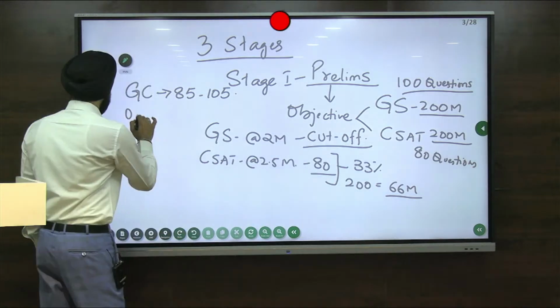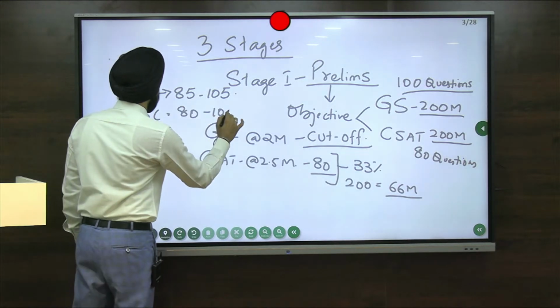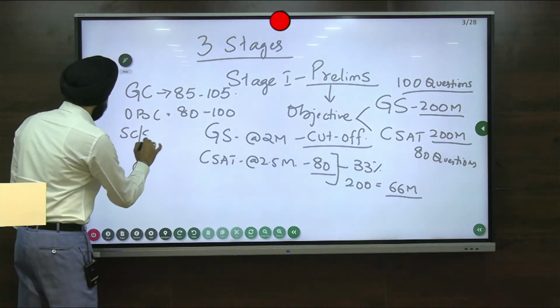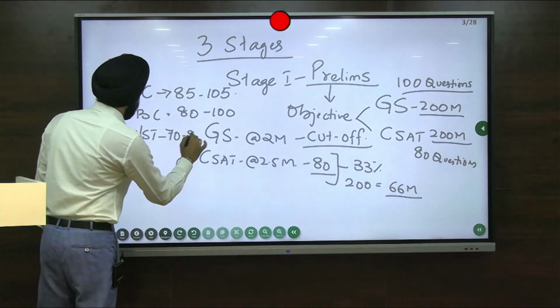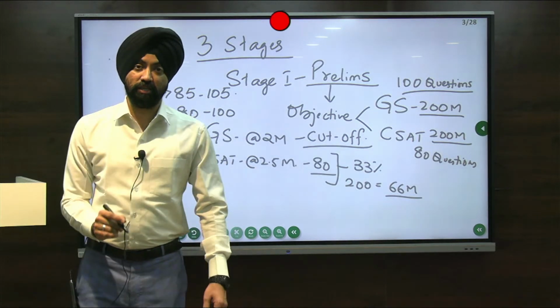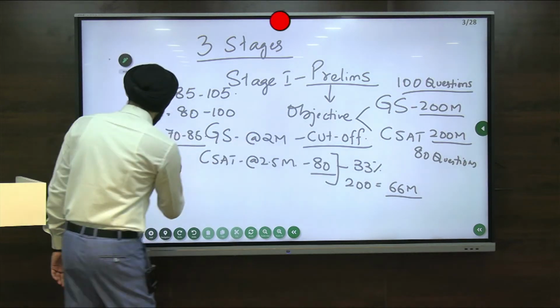For OBC students, the cutoff will be anywhere between 80 to 100 marks. For SC and ST, the cutoff further reduces to anywhere between 70 to 85 marks. For the physically handicapped, it goes down further, to between 60 to 70 marks.